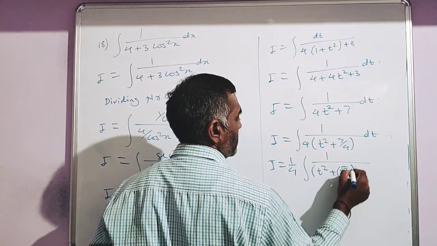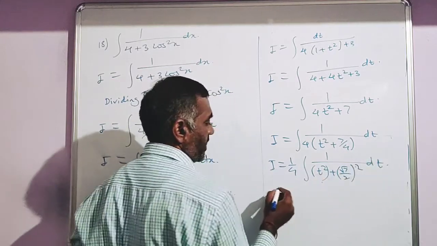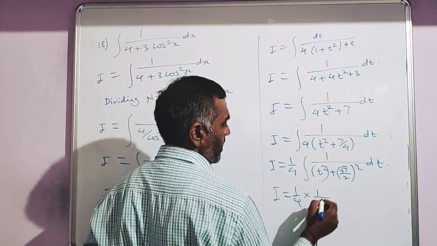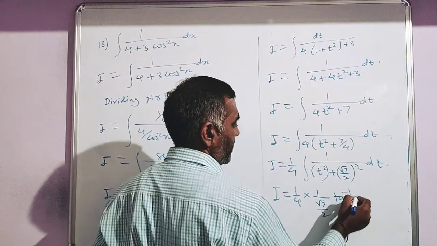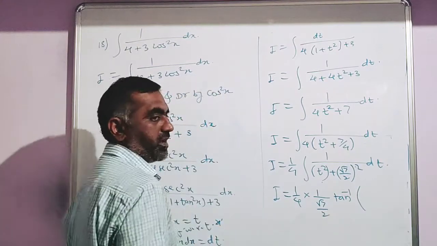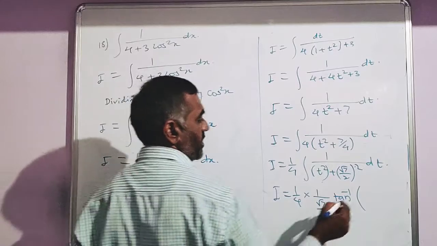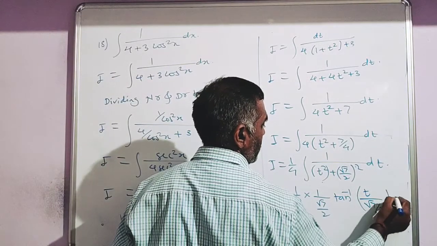bracket square, x square plus a square च्या फॉर्म मध्ये I is equal to 1 by 4 into 1 upon a tan inverse of x upon a. 1 upon x square plus a square is nothing but 1 upon a tan inverse of x upon a, means t upon root 7 by 2 plus c.